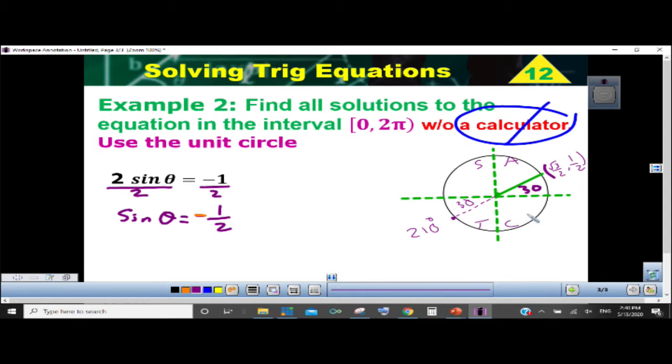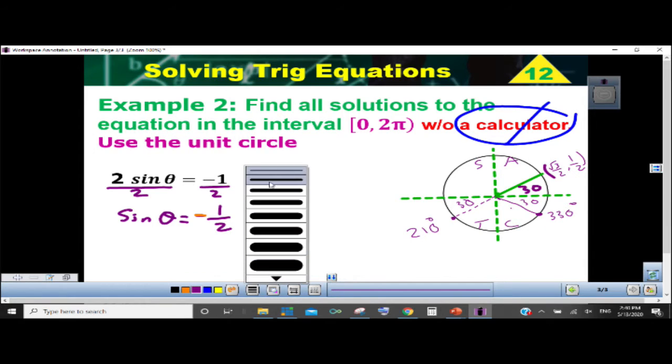And also, where is sine negative? Well, it also happens here, if you remember. So I also have a 30 down here, and this also happens to be negative. So this one would be at 330. And this would have a negative value for the cosine.